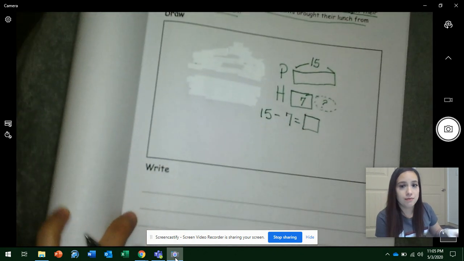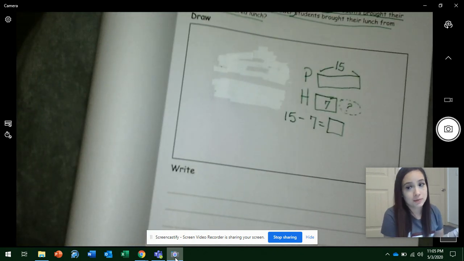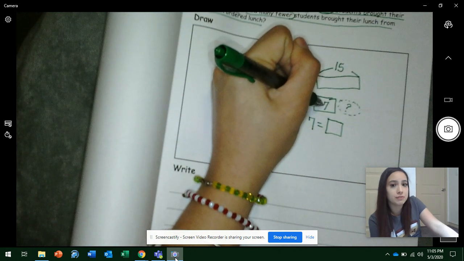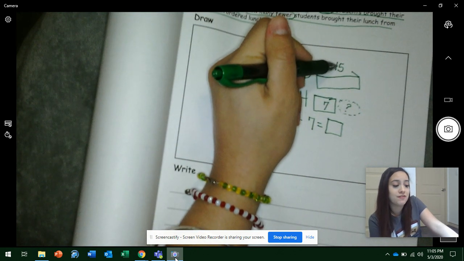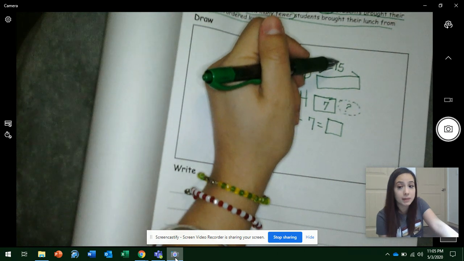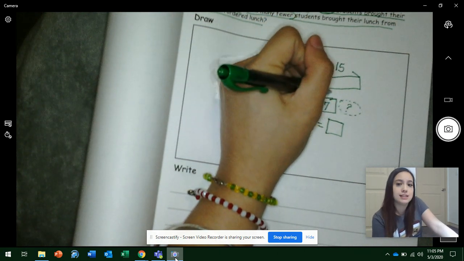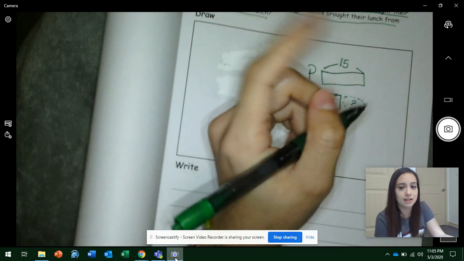So if you know it and you don't have to draw pictures, great, that is awesome. But if you need some pictures, there's nothing wrong with that. What we're going to do is we're going to count on from 7 and stop at 15. 15 is our stopping number because that's our total. So let's go ahead and get 7 going. 7.